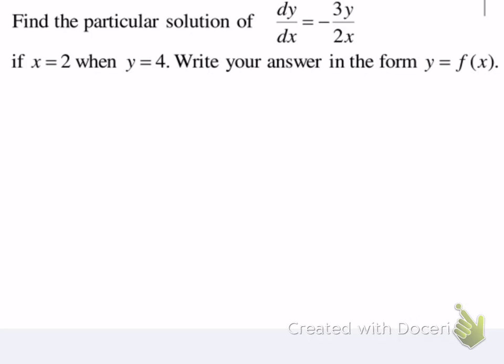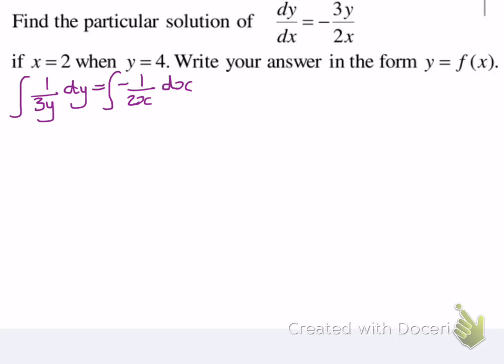So what I will have is 1 over 3y dy equal to minus 1 over 2x dx. And we shall integrate both sides.